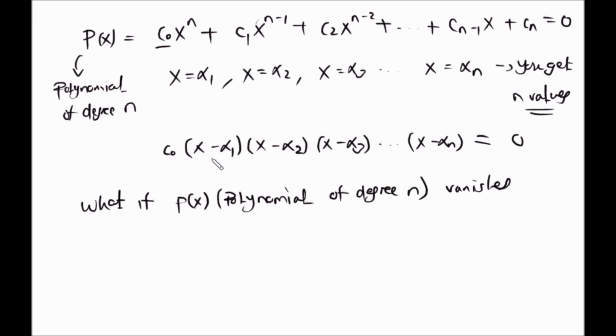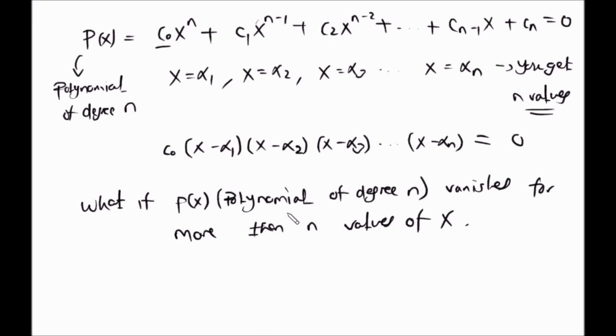Vanishes manake sasa na 0 au manake umesolve for more than n values of x. So what if a polynomial of degree n vanishes for more than n values of x?